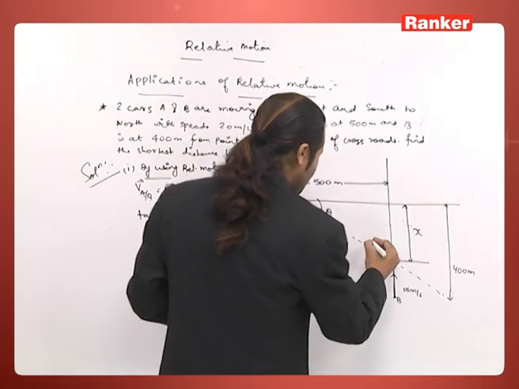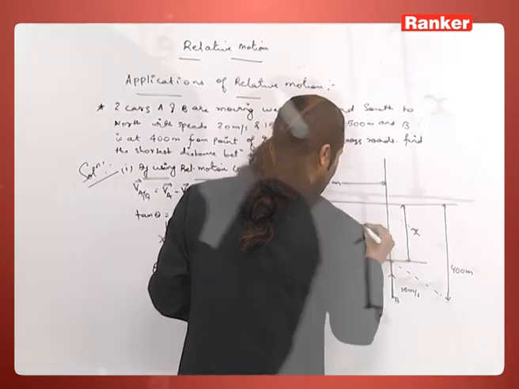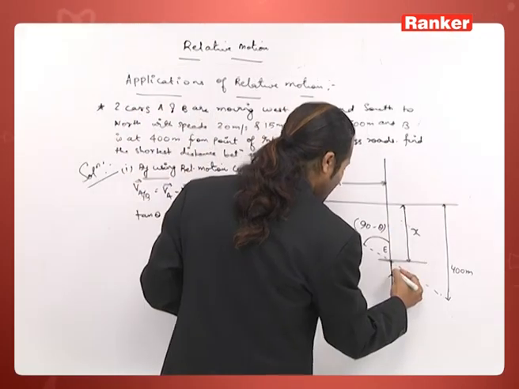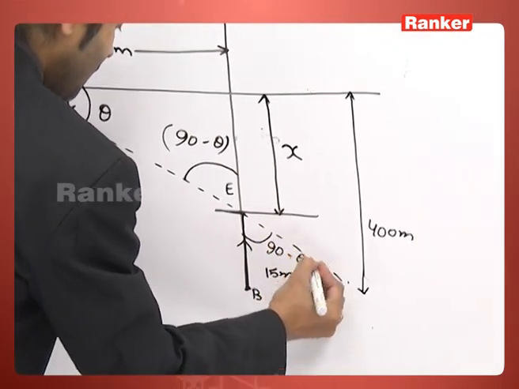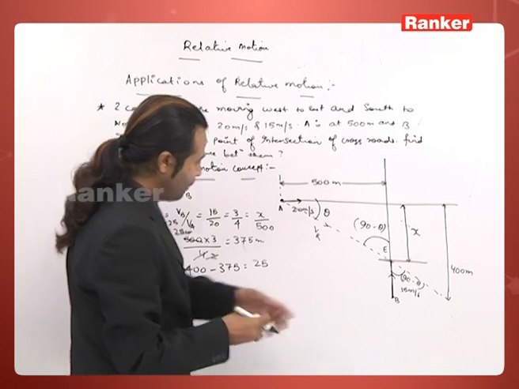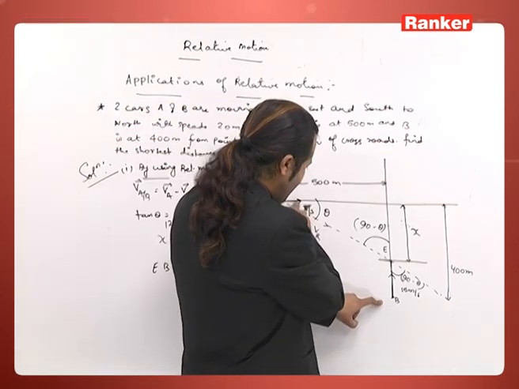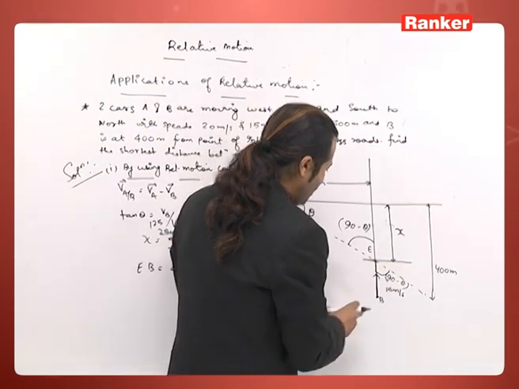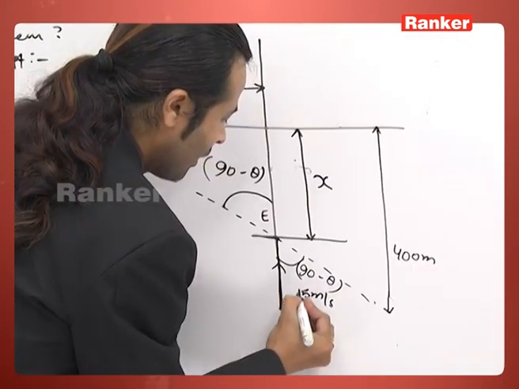So this is theta, this is 90 minus theta. This one will also be 90 minus theta. Now with respect to B, A is moving in this direction. The shortest distance will obviously be the perpendicular distance.